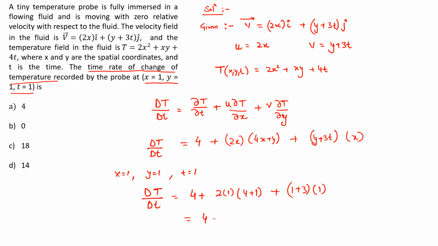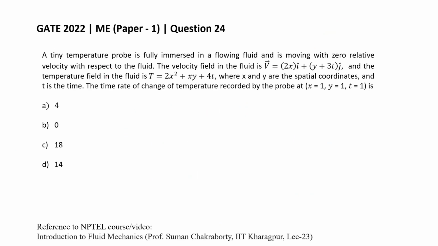So this is nothing but 4 plus 10 plus 4, which is 18, and that is the answer to this problem. So the answer to this problem is option C, 18.